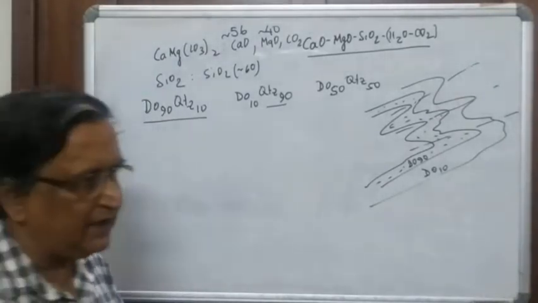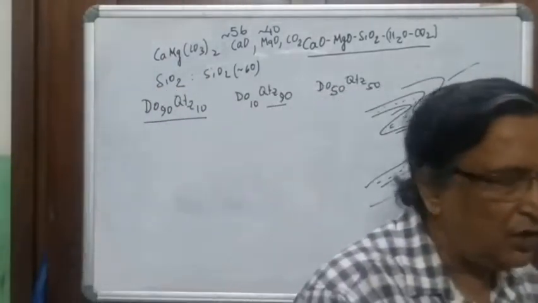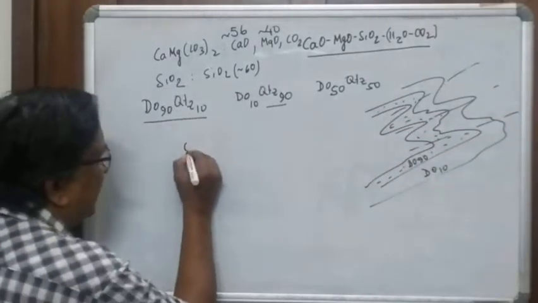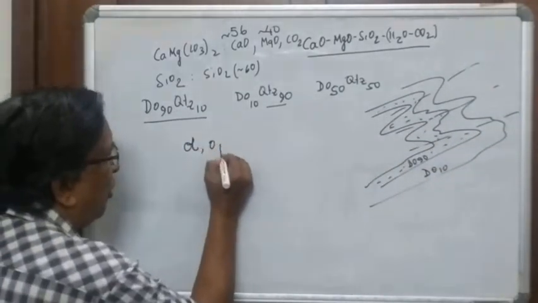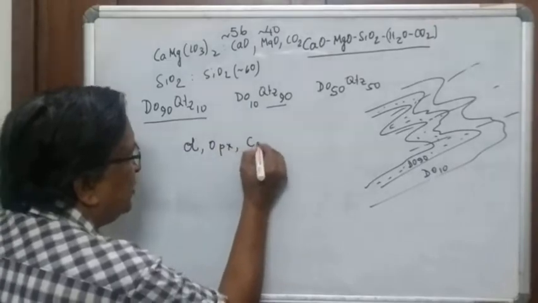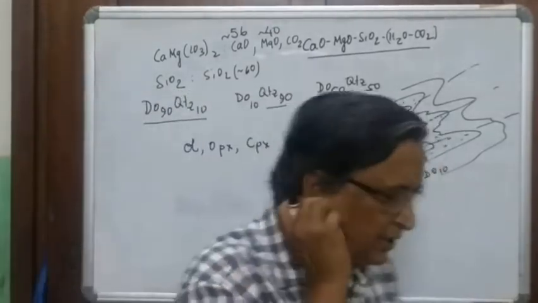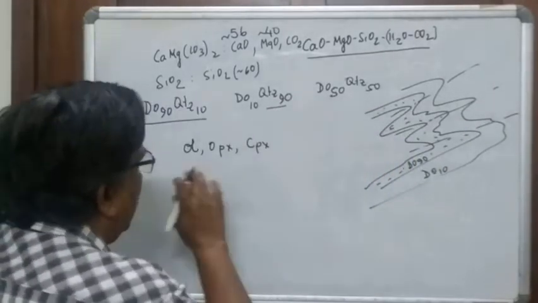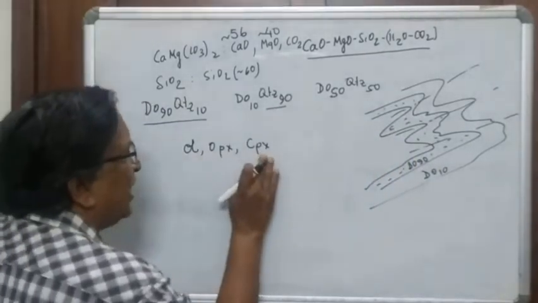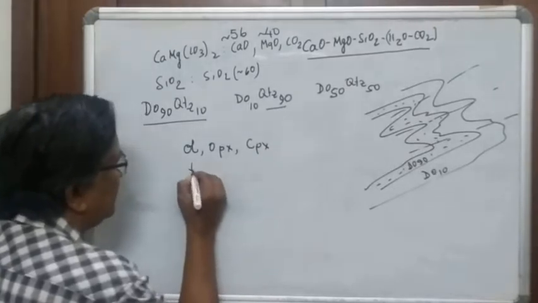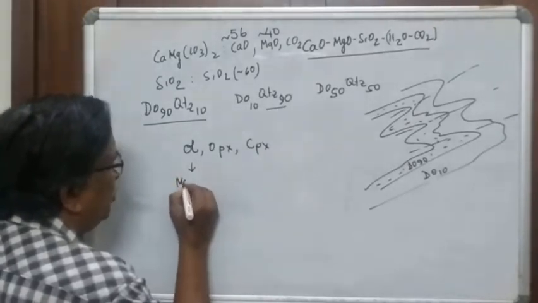You have the potential for ultramafic rocks. Say, for example, you can have olivine, orthopyroxene, clinopyroxene. I am giving you idealized compositions. Olivine has the formula Mg2SiO4.